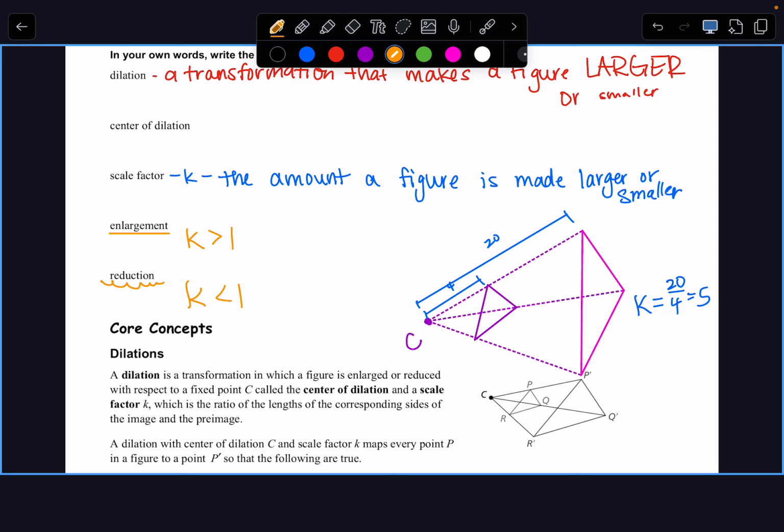But literally, we are going to multiply by a number to get our new shape, whether it be making it bigger or making it smaller. Okay, so here we go.